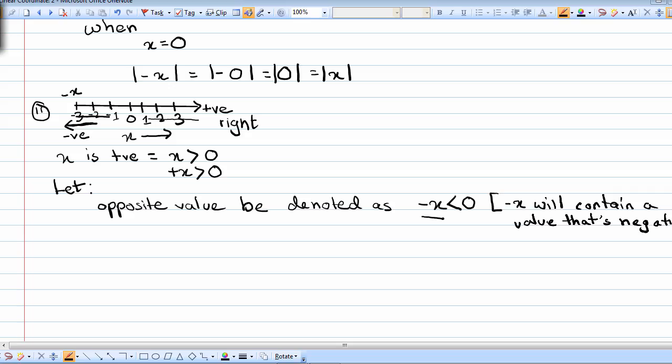As we can see from the number line, coordinates on the left hand side relative to the 0 will obviously be negative, and values or coordinates or constant numbers on the right hand side relative to the origin will be positive constants.